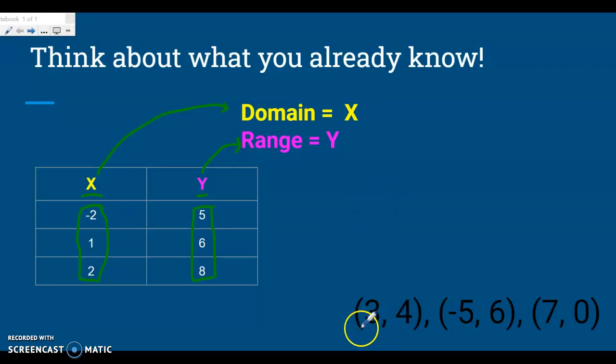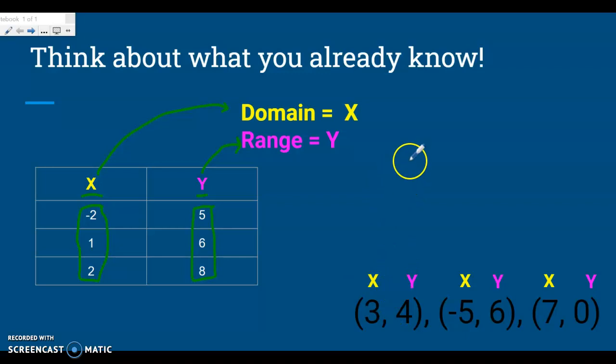When we look at a set of points, we always want to remember that the first numbers are our x's. And that means that the second numbers are our y's. So it's like a table. The ones on the left are the x values. The ones on the right are the y values.